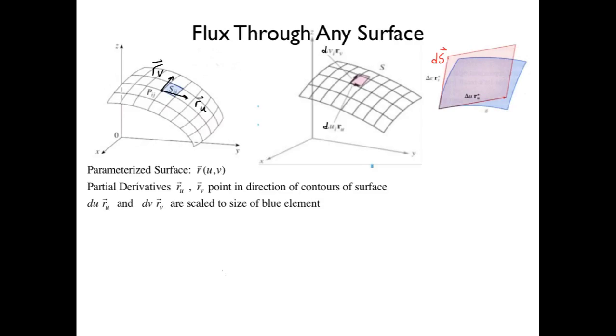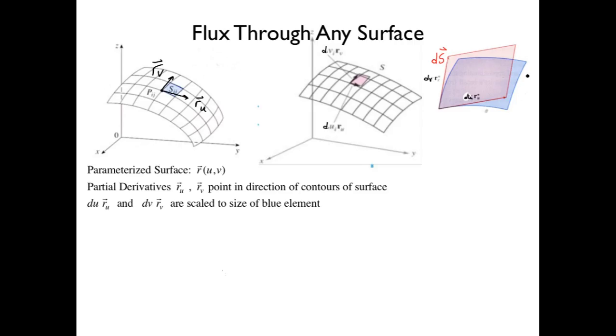So let's blow that up here. Again, this should be rv dv and ru du. And so then ds is the area vector for that little parallelogram element, which is trying to be like the curved element of the actual surface.